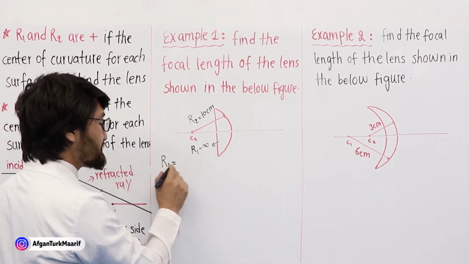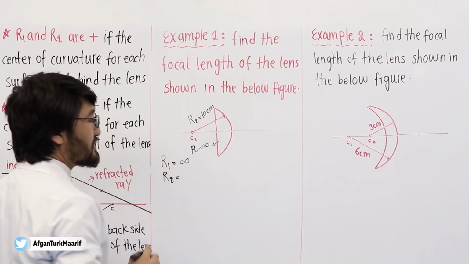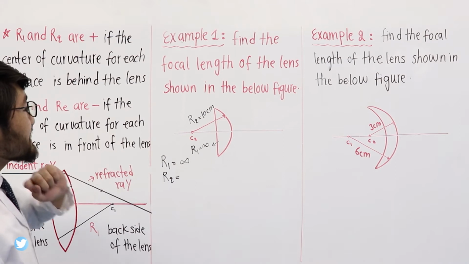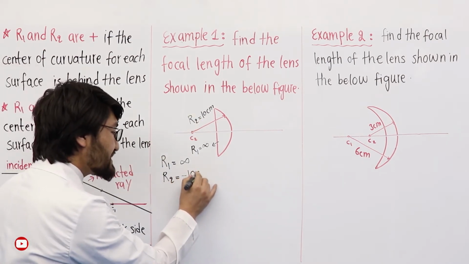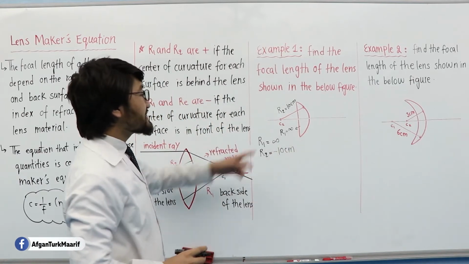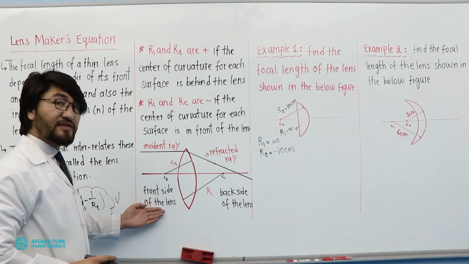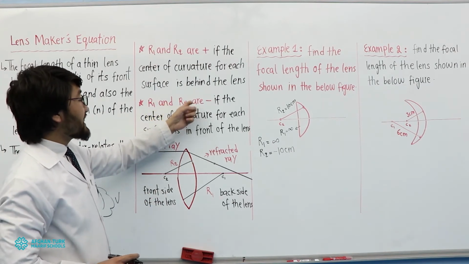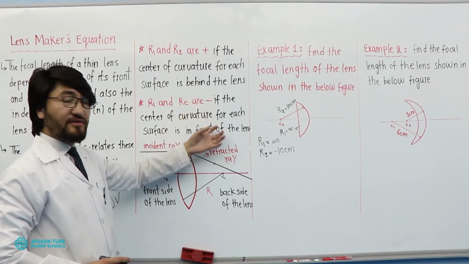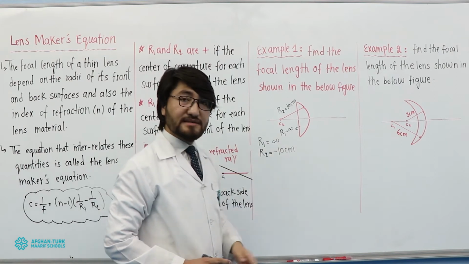What is R2? R2 is 10 centimeters. R2 should be negative, minus 10 centimeters. Why? Because it is in front of the lens. R2 is minus 10 centimeters.